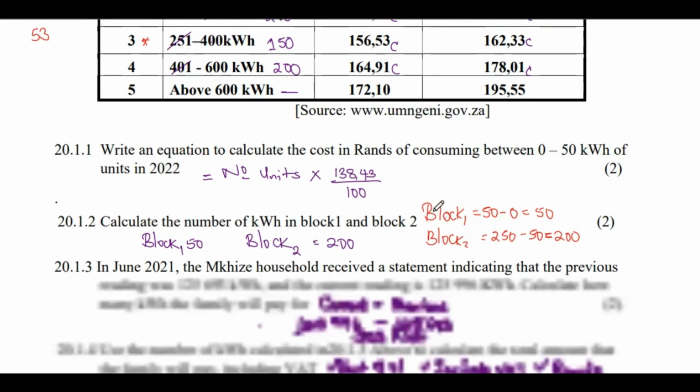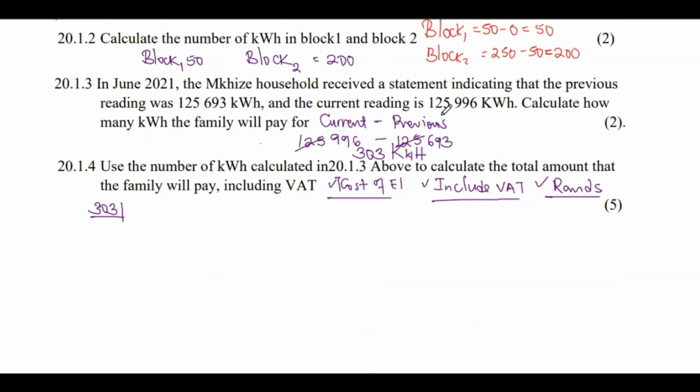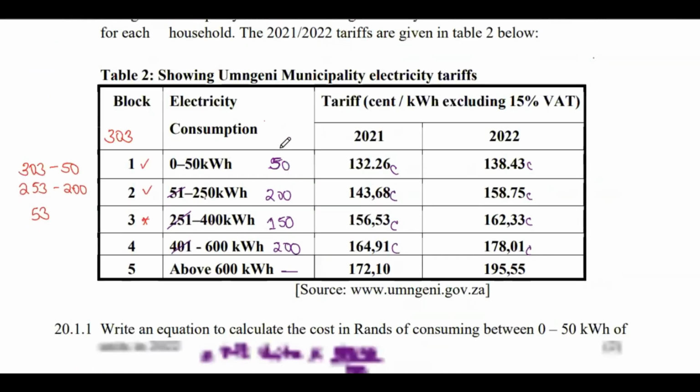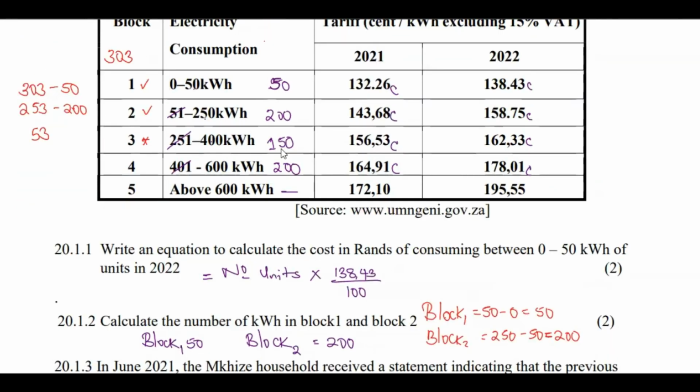All right. This was 2021, so we're going to use 2021. We are in this block here. So if someone has used 50 units, how much do they pay? We shall say 50 times 132,26. Don't forget, divide by 100. Why am I dividing by 100? I'm changing it to rands. Come down here, 200.